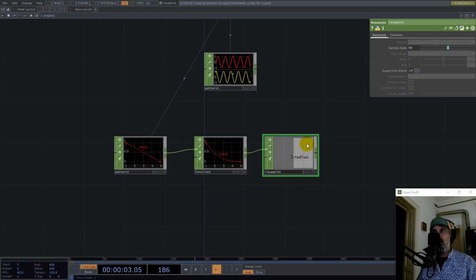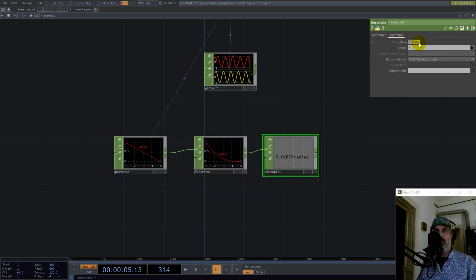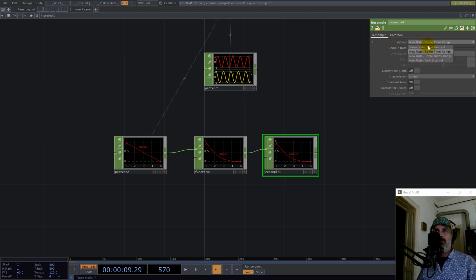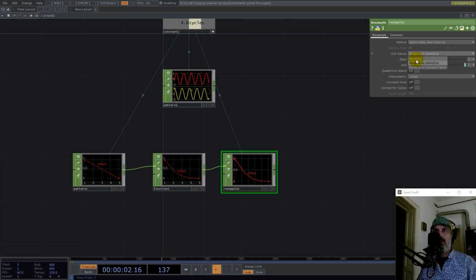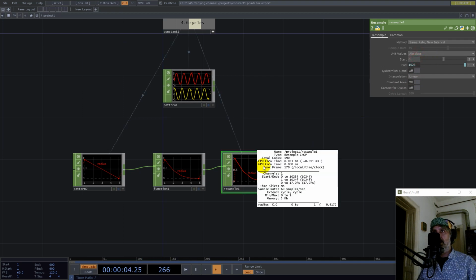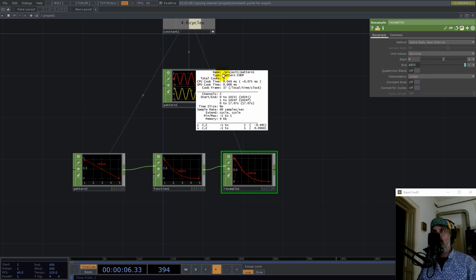Okay, and we go for time slice. Okay, and here we need the same rate, new interval, and samples. Okay, let's take the number of points, -1. Okay, and here we take absolute. Okay, and now we have the same amount of points.